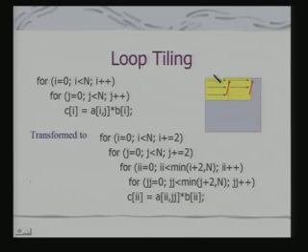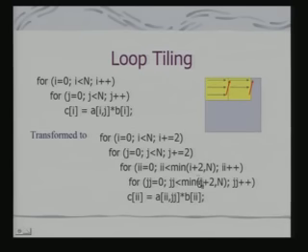So, I am moving along the column before completing one complete row, and then I am going back and again doing the computation. So, I have created what we call tiles, and I have changed the order of access of that array.